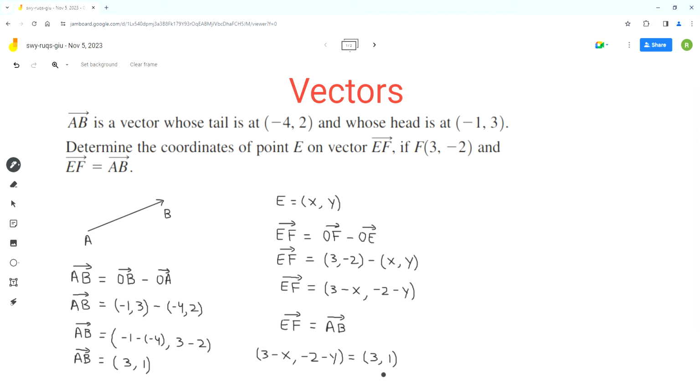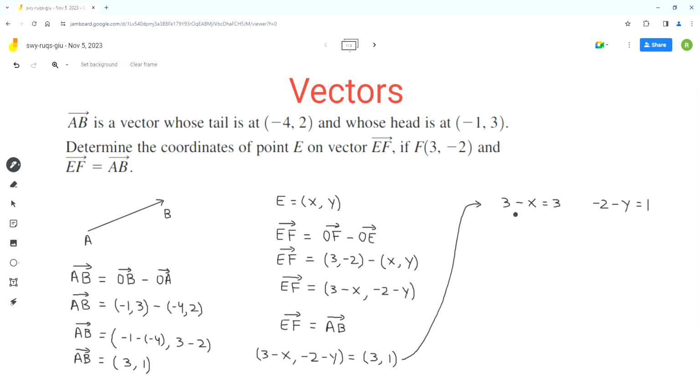Now two vectors are equal to each other if their x components and y components are equal to each other. So this will give us two equations from which we can find the values of x and y. The first equation is 3 minus x equals 3. This is the equation for the x components. And for the y components, we get negative 2 minus y equals 1.